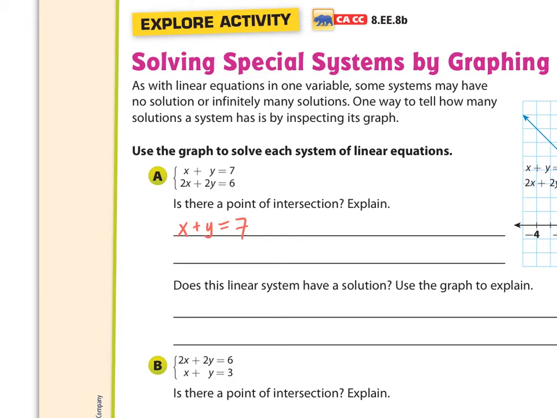So I'm going to write it like that, y equals mx plus b. All this means is I want to get the y by itself. You see it says y equals. Here I have x plus y equals. So what I want to do is I want to subtract the x, and I get y equals negative x plus 7.